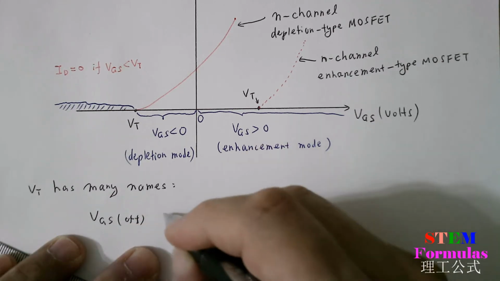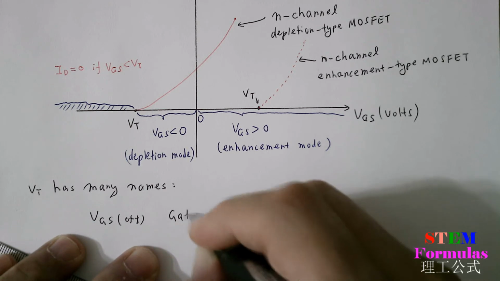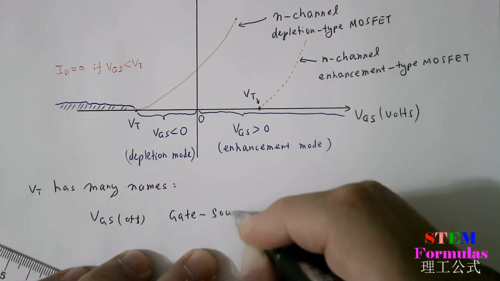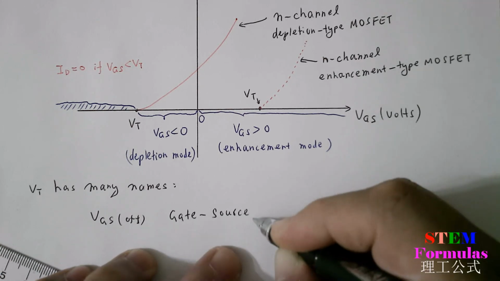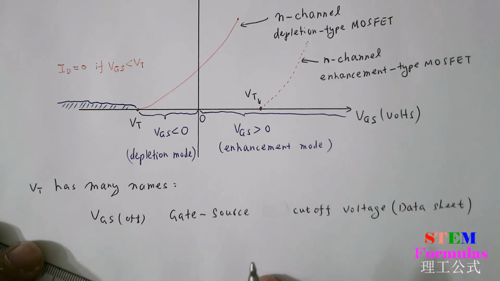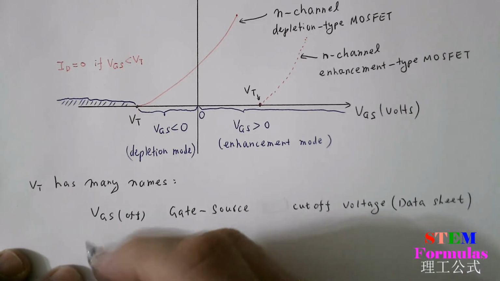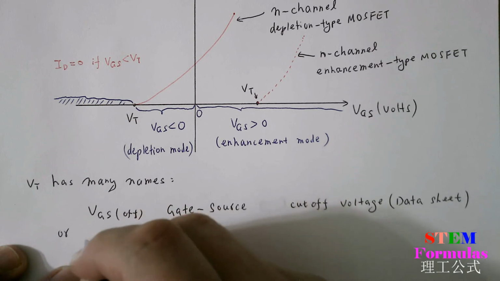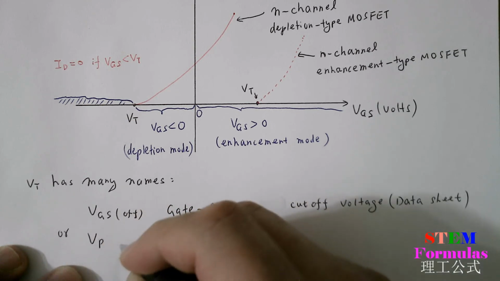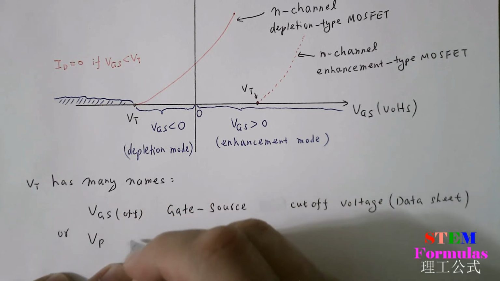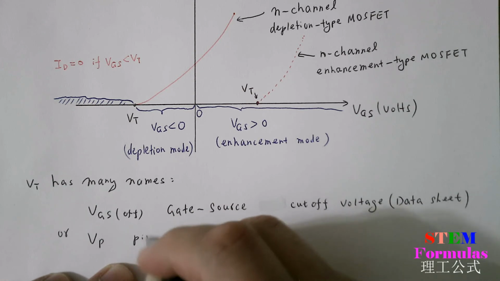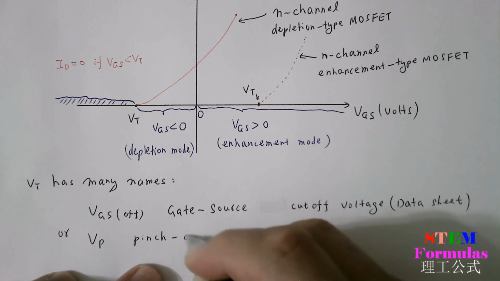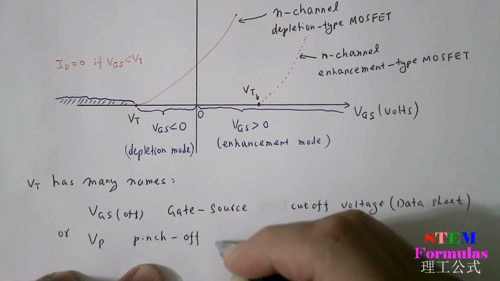This is called gate source cutoff, and also has another name, VP. VP is pinch off voltage.